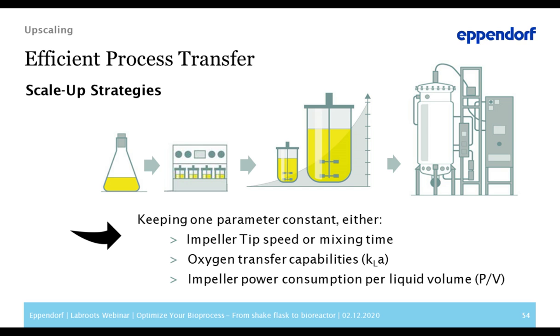Another very often used parameter is the kLa, the volumetric mass transfer coefficient, which is a measurement of the capacity of the bioreactor to transfer oxygen into the culture under a given setup and under given conditions. And the gold standard at the moment is the impeller power consumption per liquid volume, power over volume.